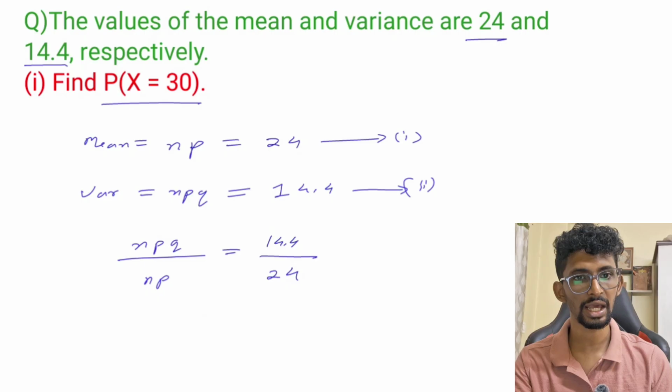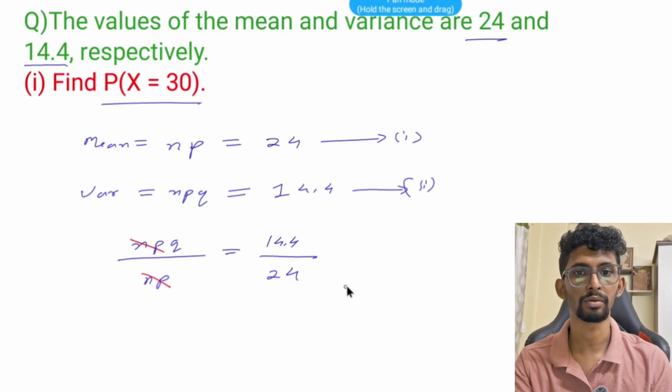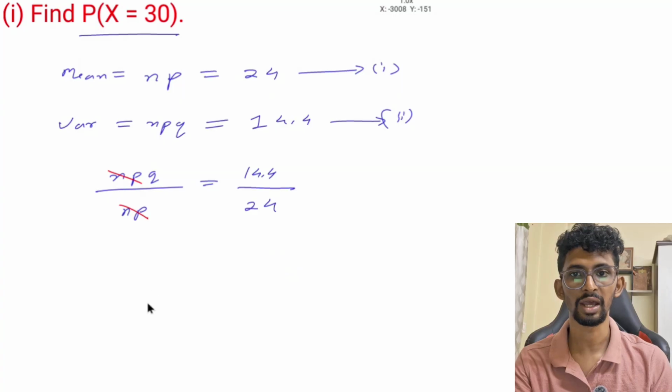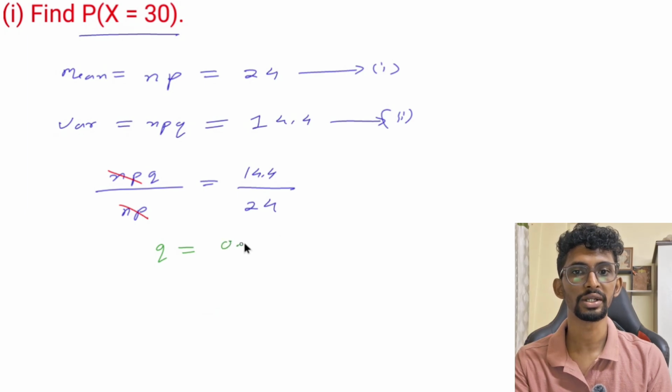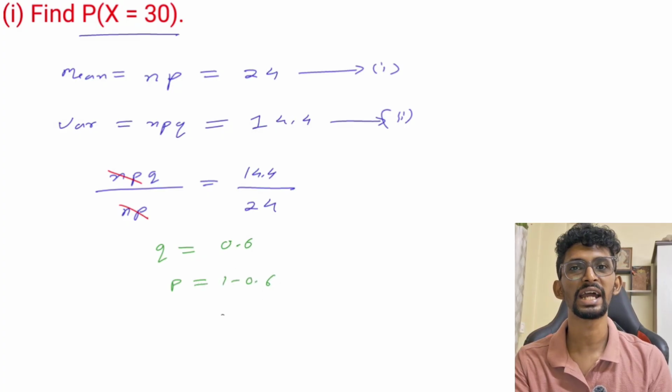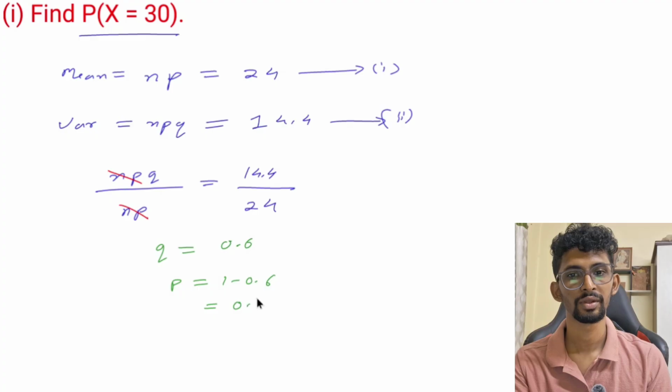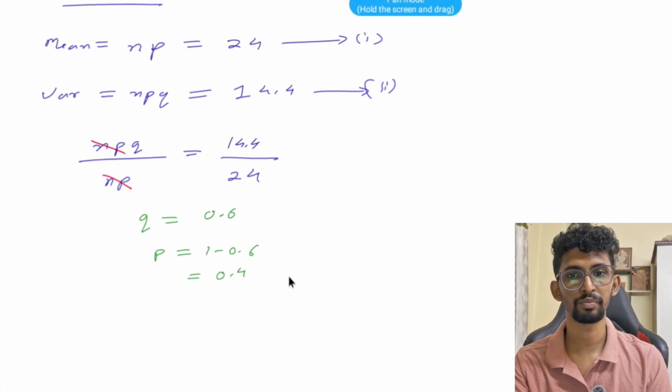Now you can see on the LHS, NP will get cancelled. So from here, we will get the value of Q. Q will be 14.4 by 24, which is 0.6. Since Q is 0.6, P will be 1 minus 0.6, that is 0.4. So we got the values of P and Q.